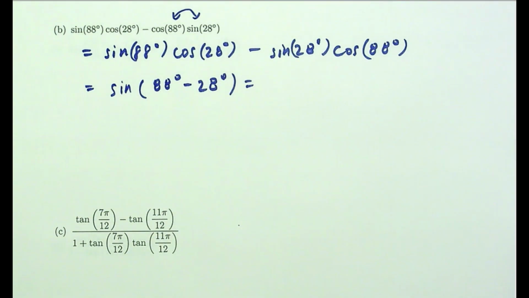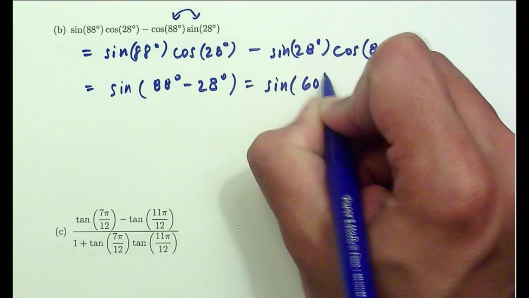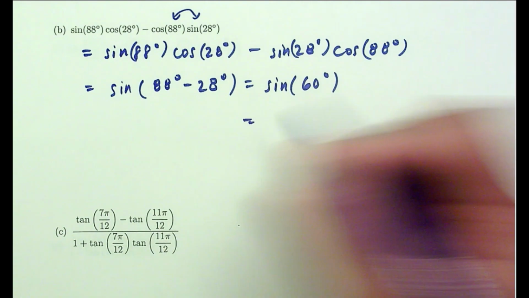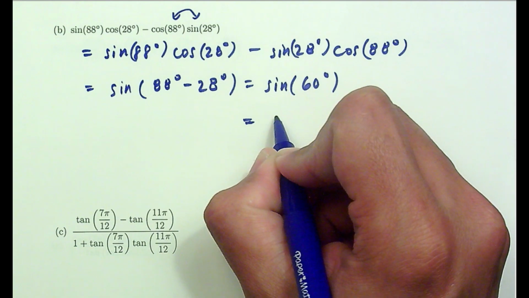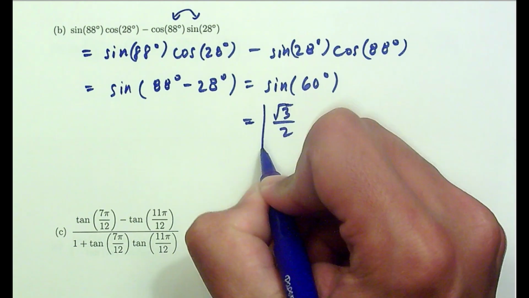Okay, just matching numbers to the formula. Now what is this? This is sine of 60 degrees. And sine of 60 degrees, we know that one, this is square root of 3 over 2. And that finishes the problem.